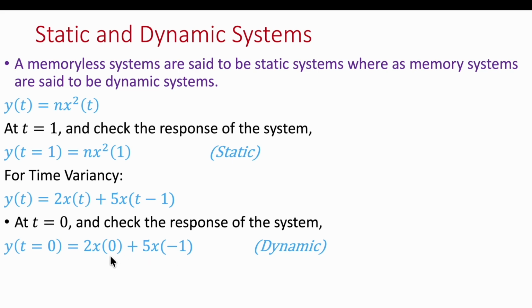So it means that the system response depends on the present state and the past state. So the system is a memory system, not a memory-less system. That is why you can say that this system is a dynamic system.